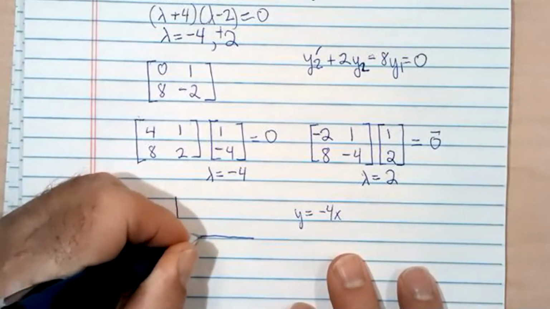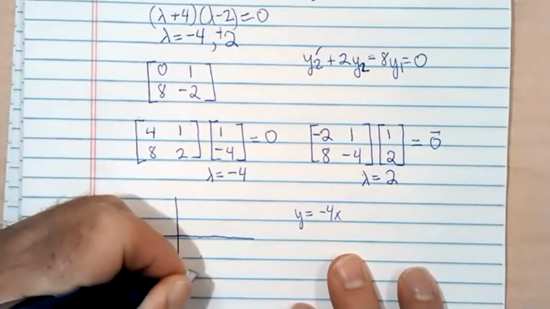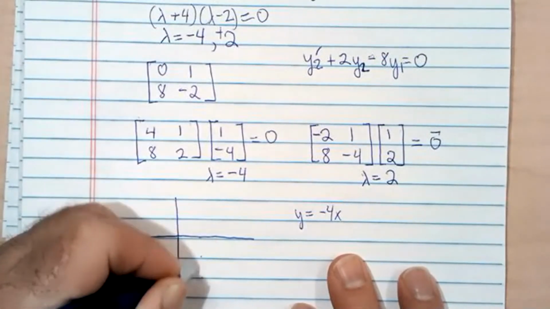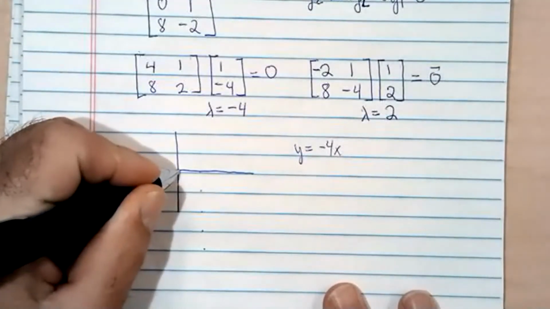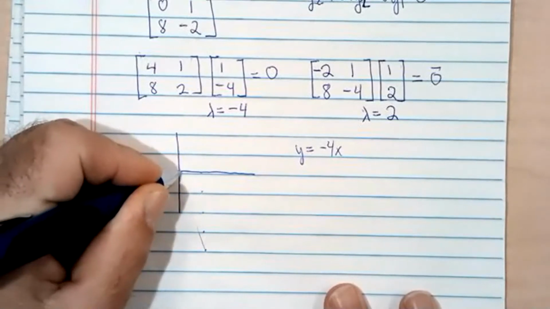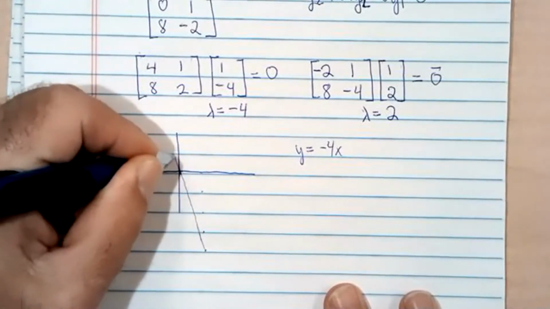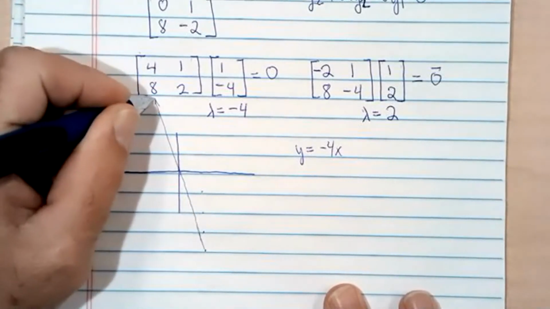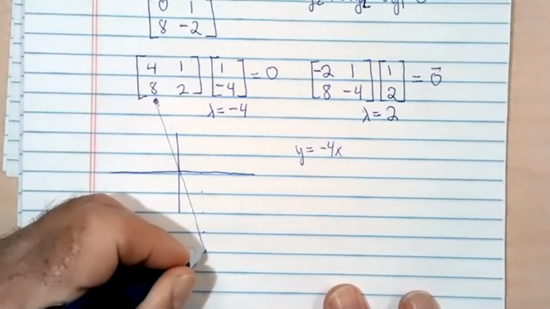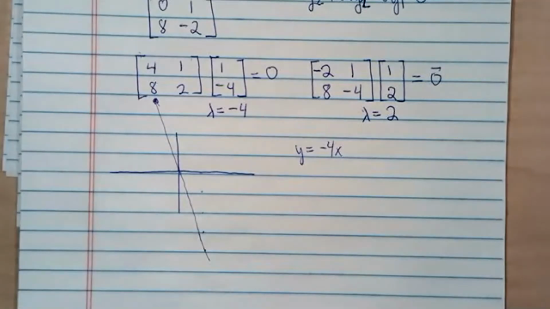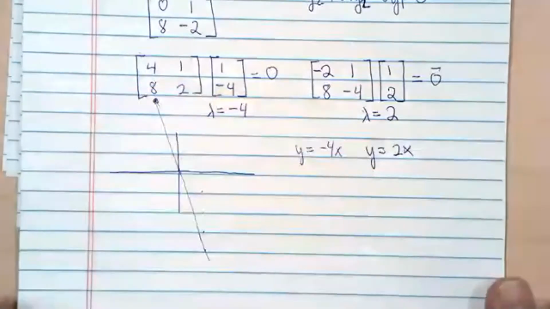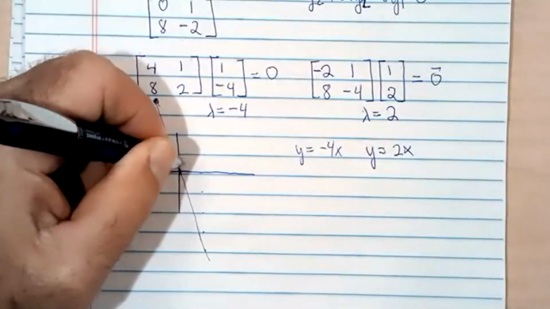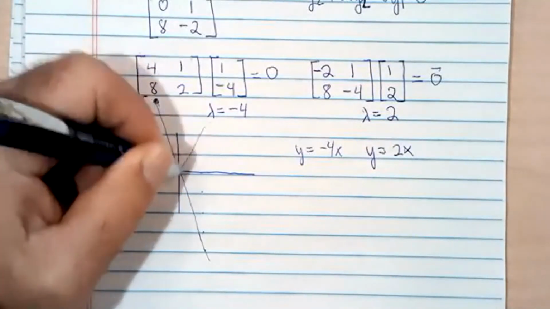So if you go over 1, you go down 4. Pretty steep. Oops, don't put arrows in there. And the other one is y equals 2x. And that is like this.